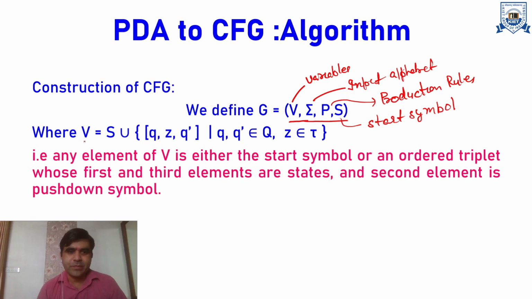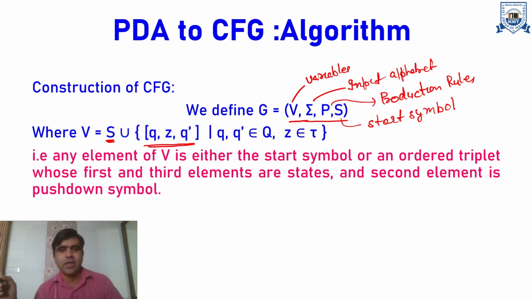See, the set of variables V for our grammar is S, the start symbol for our grammar, union these triplets of this form, Q, comma Z, comma Q dash, where Q and Q dash will take every value from the set of states, capital Q, of your push-down automata.